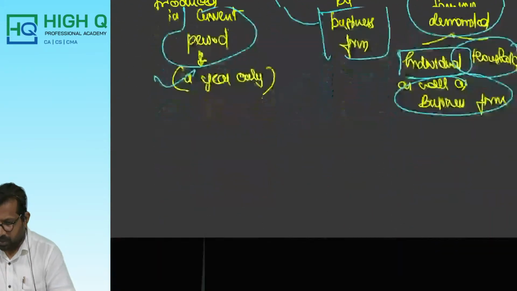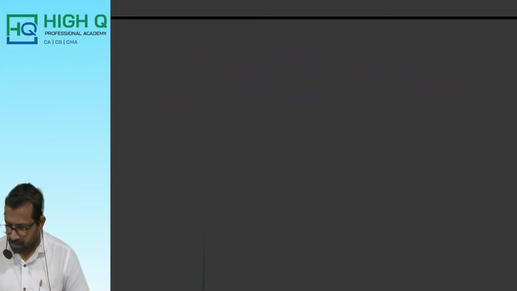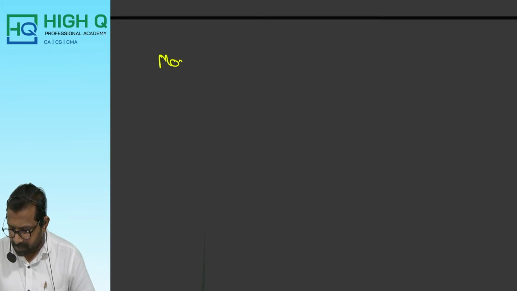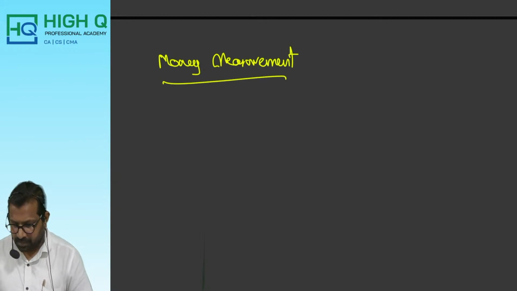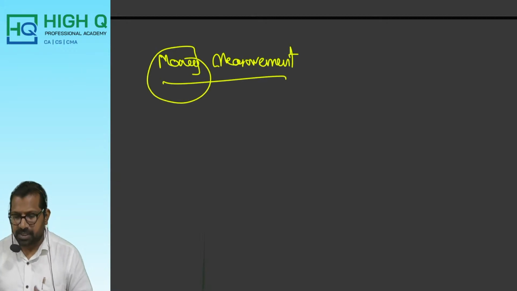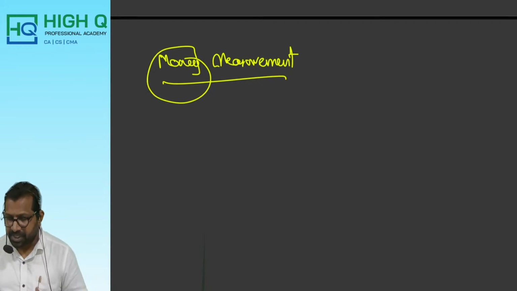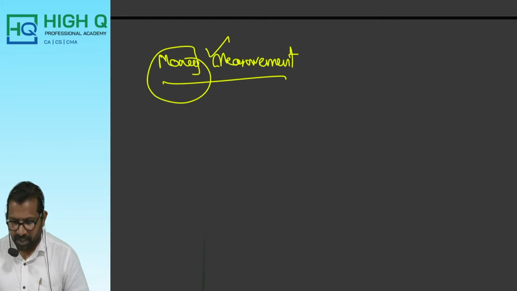So the next important point, money measurement. Which one is used as a base to measure the concept of national income? Only money.